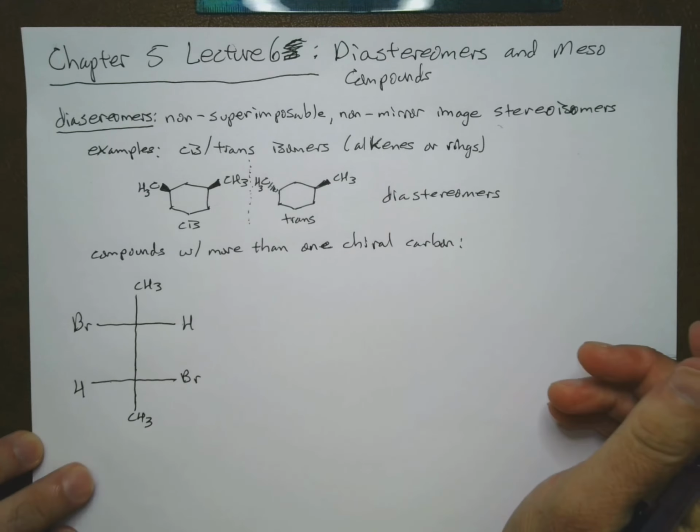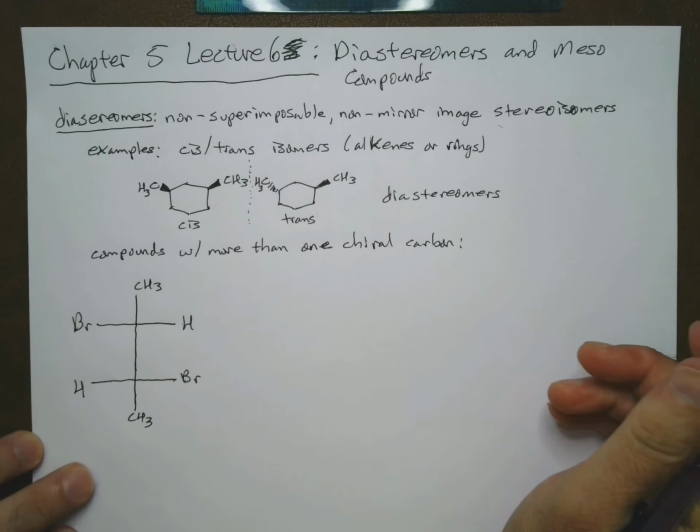I didn't mention, although you'll learn this in the lab, you can't rotate a Fischer projection 90 degrees. So let me write that here. Helpful hint: it's okay to rotate a Fischer projection 180 degrees.